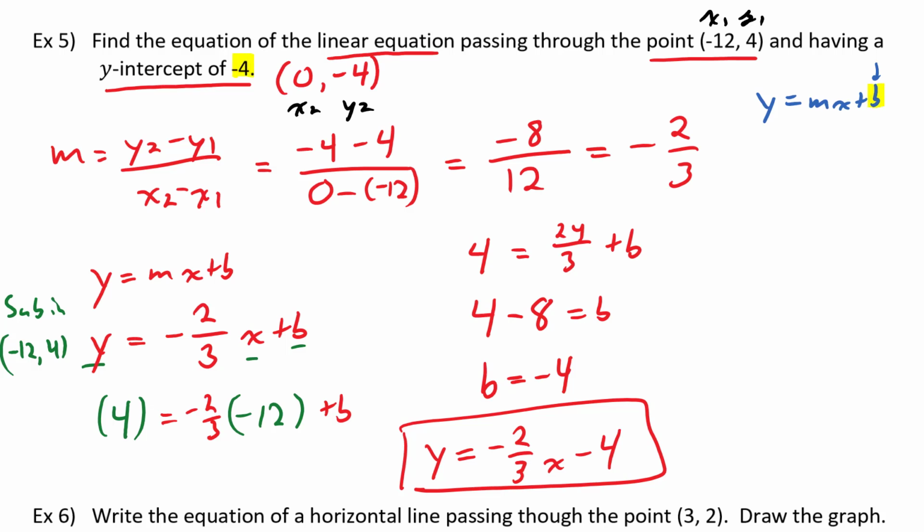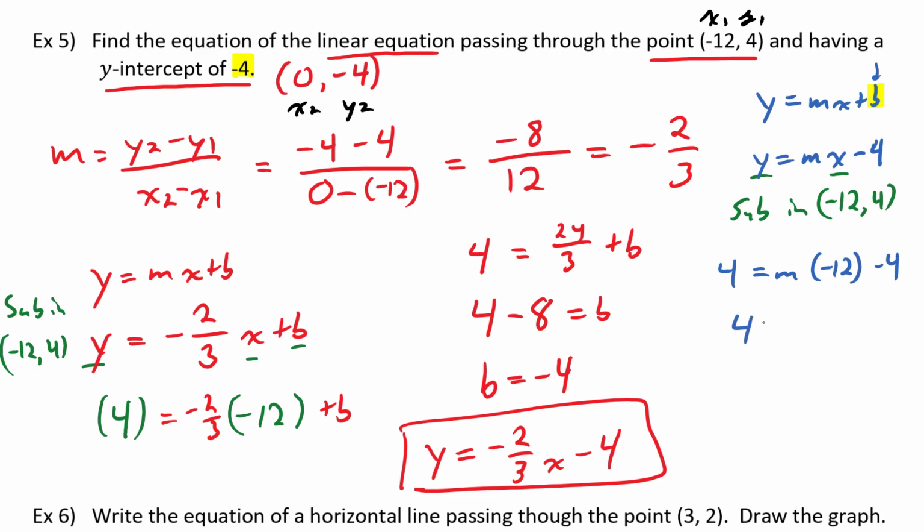Let's substitute that in here. Y equals mx minus 4. Now you can see we have 2 unknowns. Let's sub in -12, 4 into x and y, and we'll solve for m in this case. We get 4 is equal to m times -12 minus 4. 4 equals -12m minus 4.